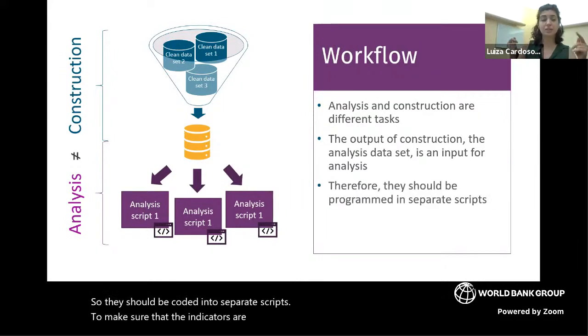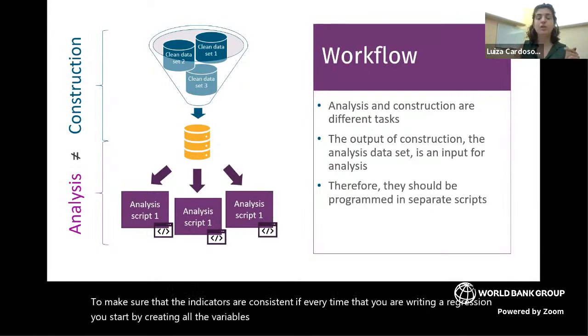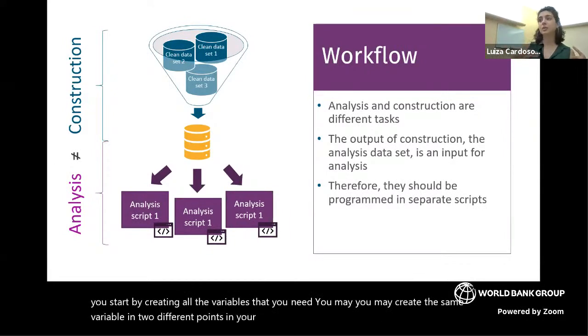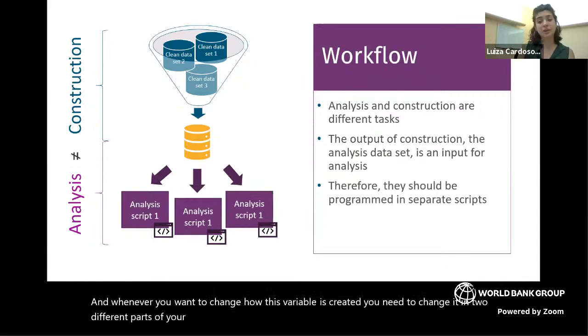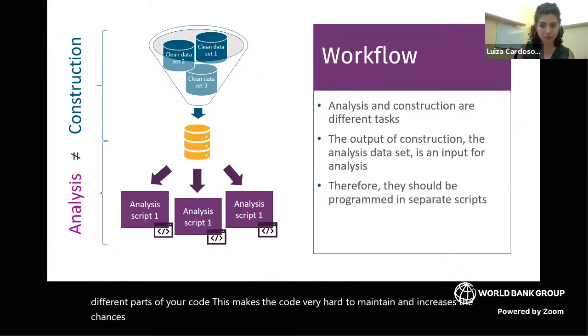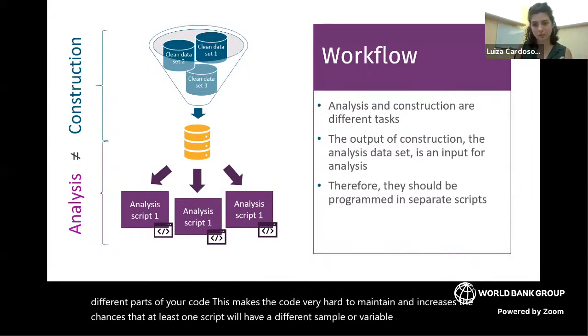If every time that you are writing a regression, you start by creating all the variables that you need, you may create the same variable in two different points in your code. And whenever you want to change how this variable is created, you need to change it in two different parts of your code. This makes the code very hard to maintain and increases the chances that at least one script will have a different sample or variable definition than the rest of them.